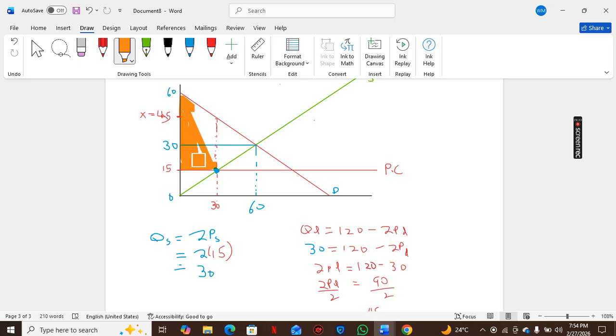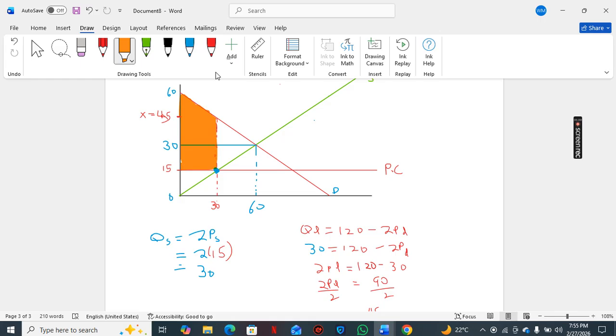This is our new consumer surplus. Okay. Consumer surplus now becomes a trapezium.